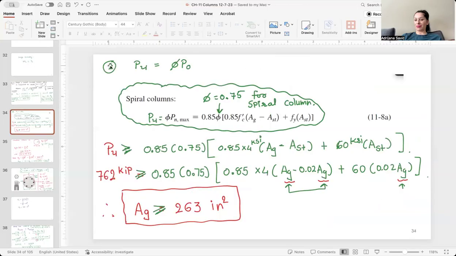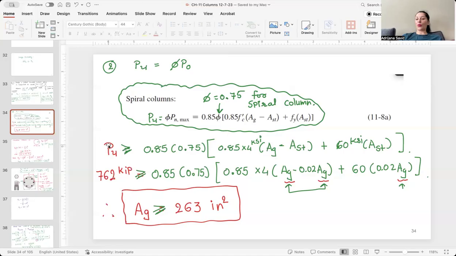The next step is that Pu is equal to phi Pn. For spiral columns, we use phi of 0.75. So Pu will be 0.75 times 0.85 times 0.85 for compressive strength, using 4,000 psi, times the gross area minus 0.02 gross area instead of area of steel, plus 60,000 for yielding stress times 2% of gross area of the column.